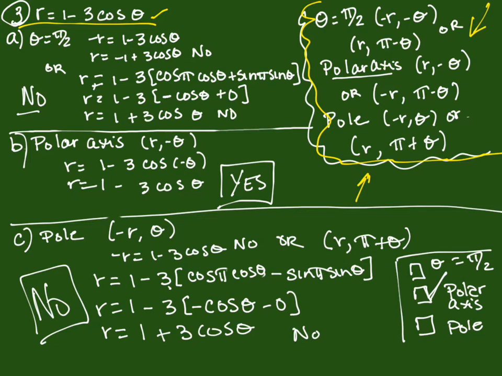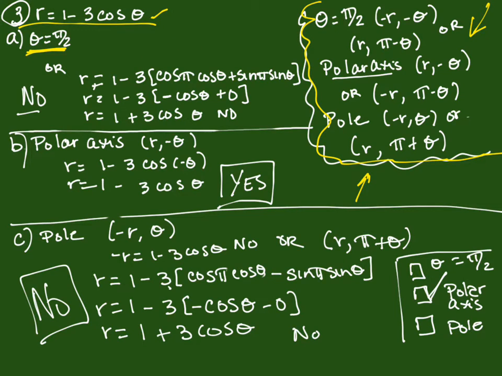So checking for symmetry to theta equals pi over 2, I replaced negative r with negative r and theta with negative theta. So I'm going to rewrite this.